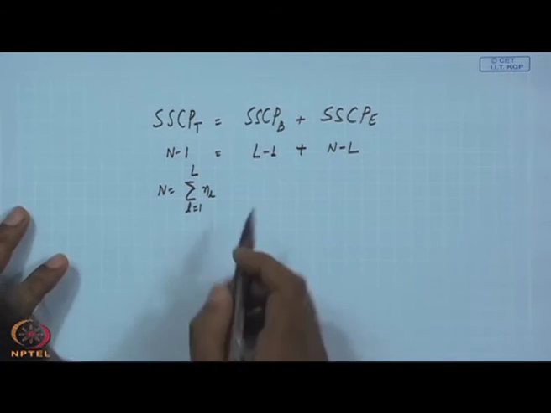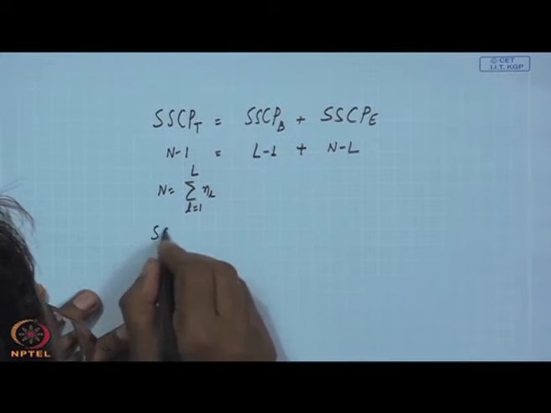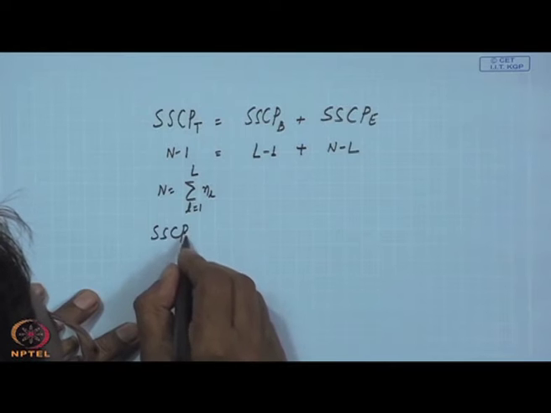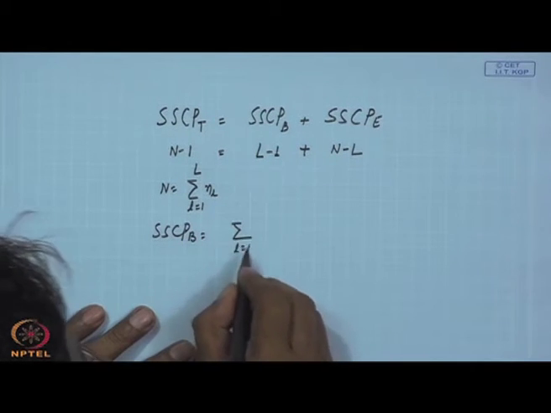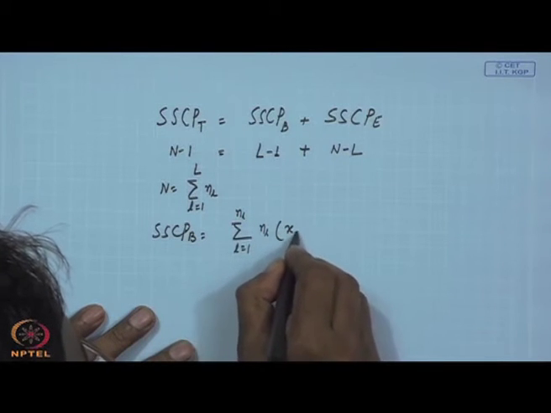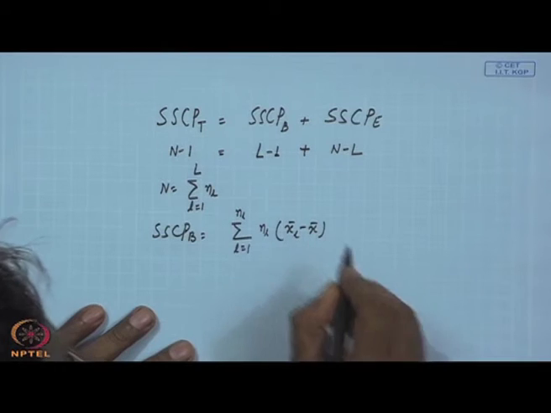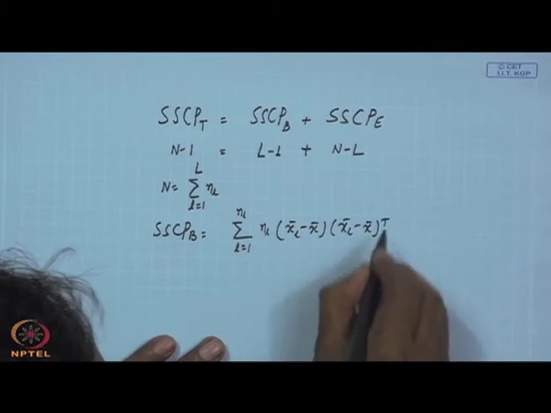As I told you in the last class, SSCP B will be computed using this formulation: the sum over l equal to 1 to L of n_l times (x_l bar minus x bar)(x_l bar minus x bar) transpose.